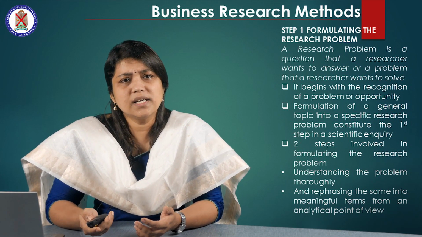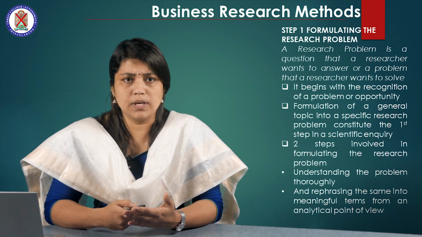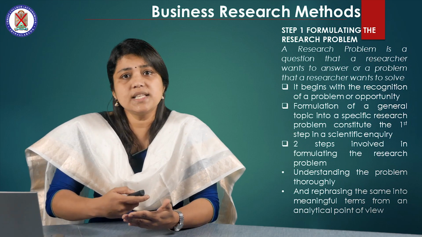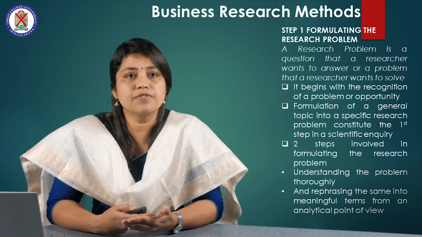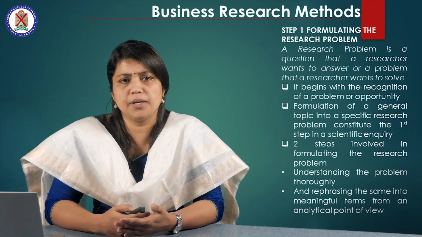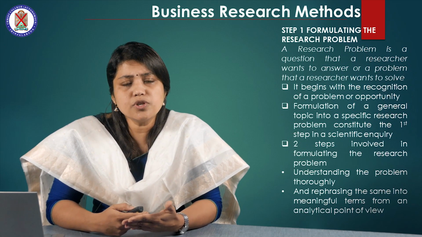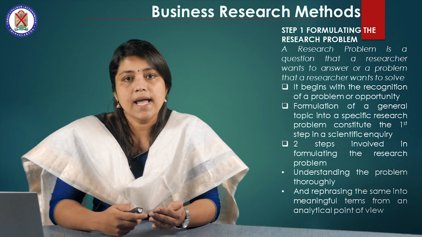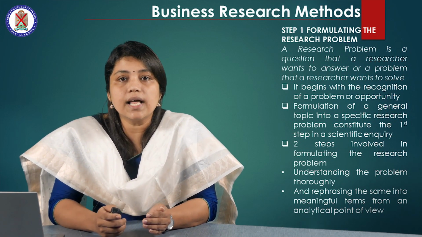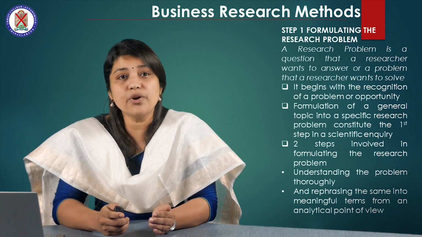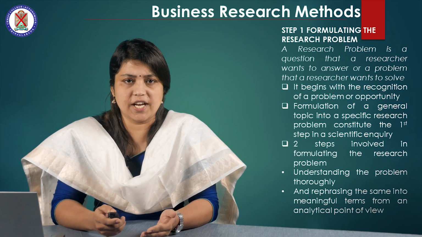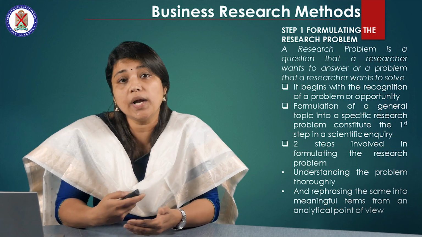So in formulating the research problem, the research process begins with the recognition of the problem or opportunity. And the researcher must single out the problem he wants to study. That is, he must decide the general idea or general area of interest or aspect of a subject matter that he would like to inquire into.